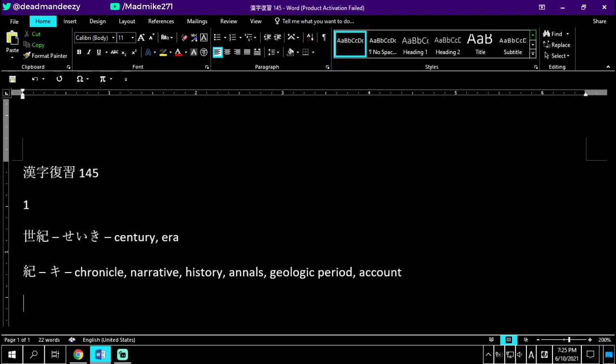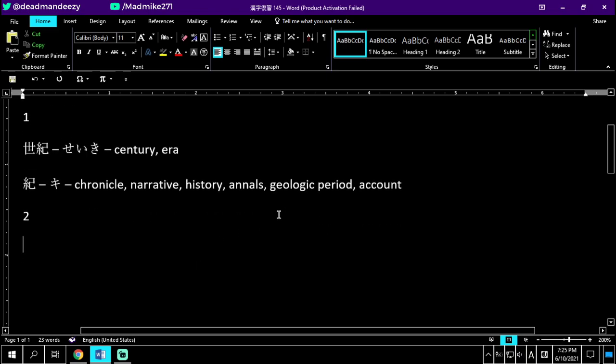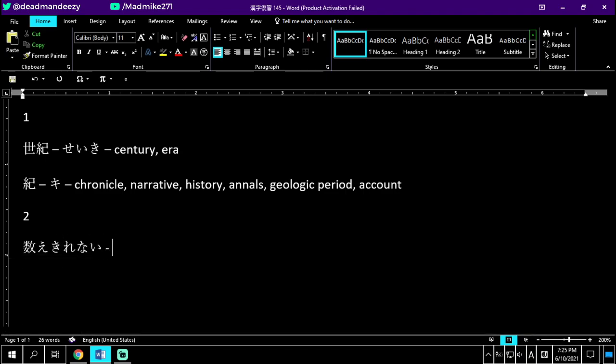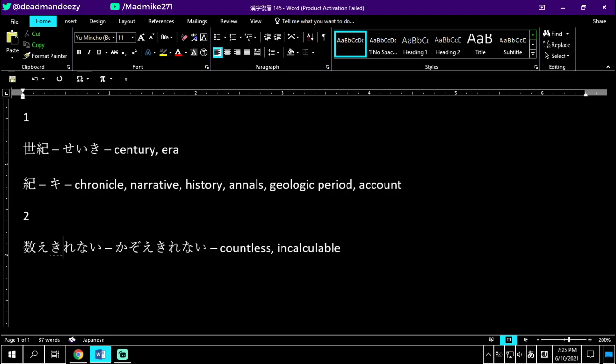じゃあ2番, number 2. Number 2 is 数えきれない, which is countless or incalculable. Incalculable. On the left side we have numbers, or kazu, and on the right side we have kirenai, ki.